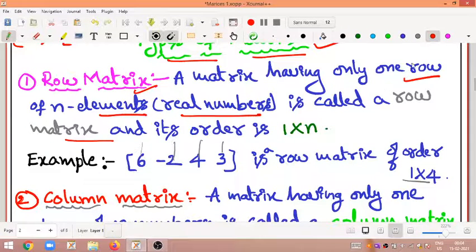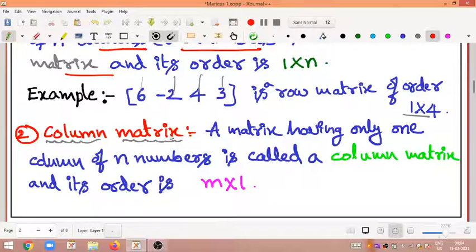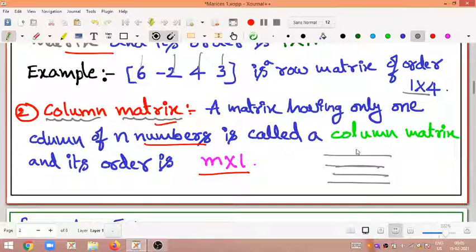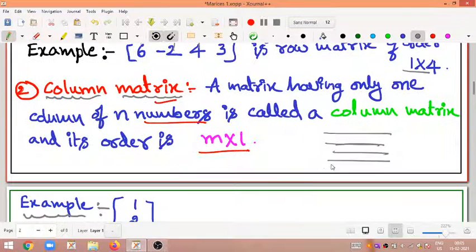Now comes to the column matrix. A matrix having only one column of n elements is called a column matrix, and its order is m cross 1 or m by 1. That means m rows like this, and there is only a single column.